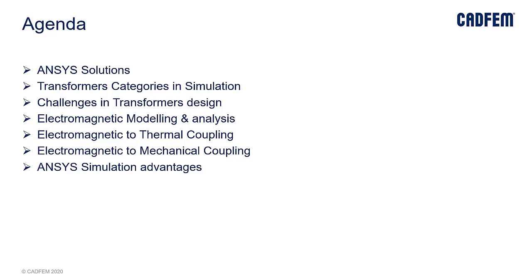The agenda is very simple. We'll start with Ansys solutions and what Ansys offers. Then we will address the major transformer challenges and the categories of transformers, and how Ansys can add value, both from the electromagnetics point of view and from the coupling point of view, either thermal or mechanical.